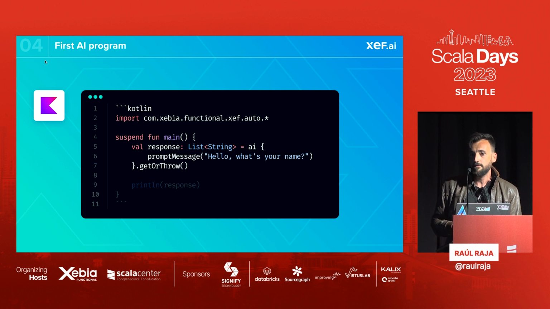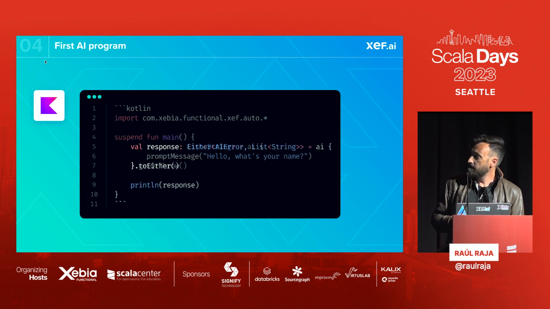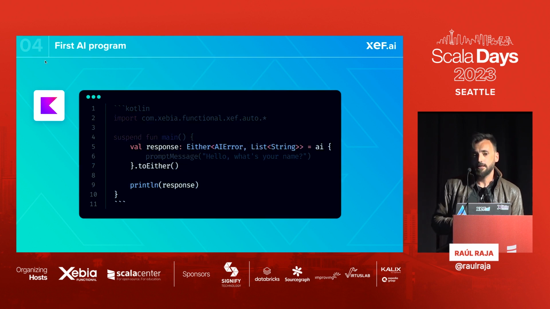And if something fails for whatever reason, in this case, it will throw an exception. But there are also other alternatives. Like in this case, we can just call toEither. This is an example from the Kotlin DSL, and we can evaluate our interaction with the AI and the language model by actually getting a typed error, which, depending on the context, can mean a set of different things.